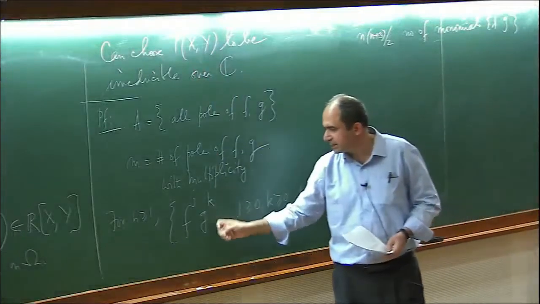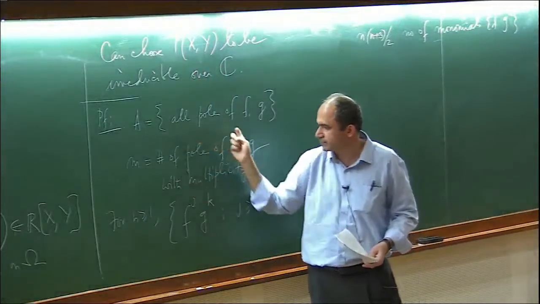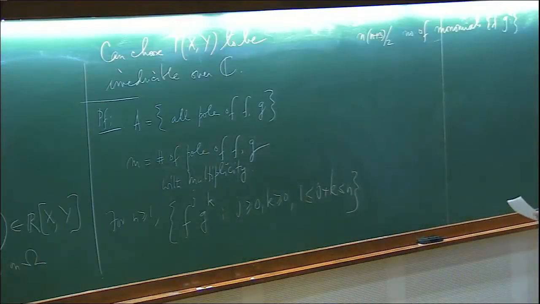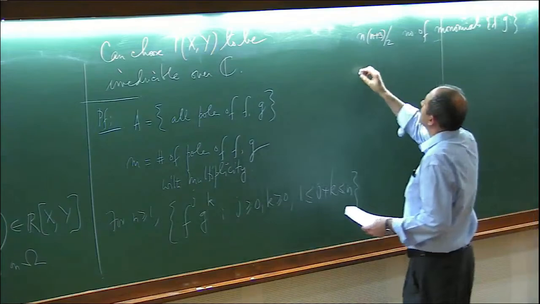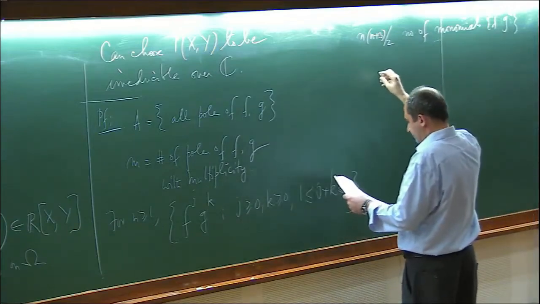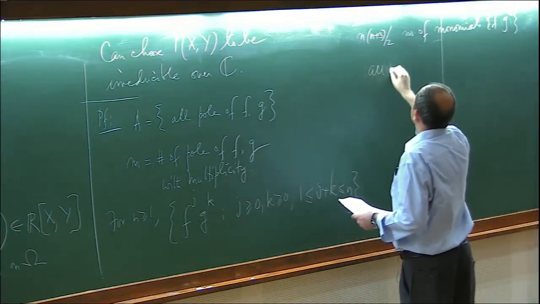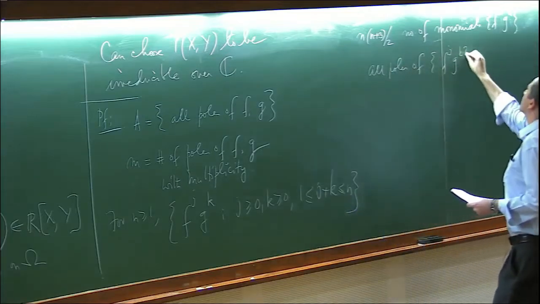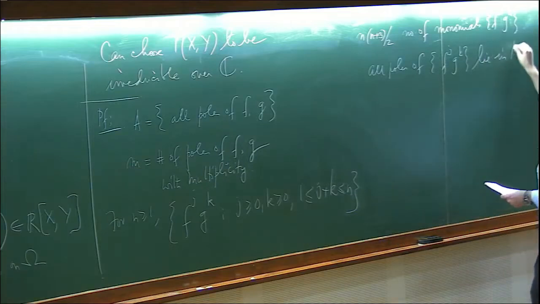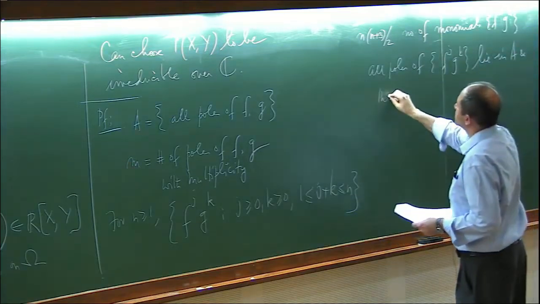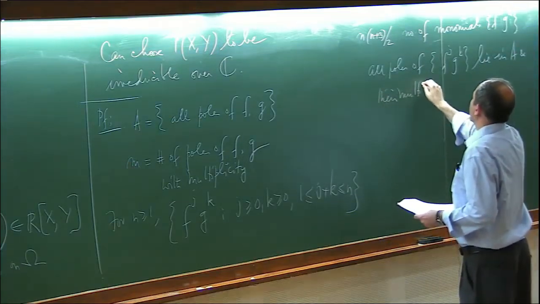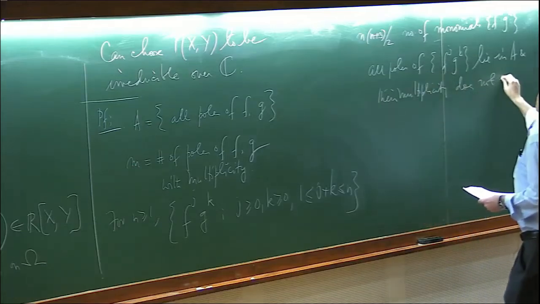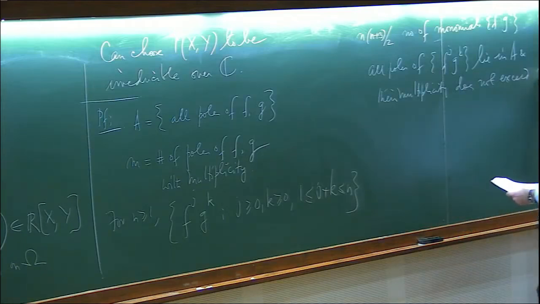Because the highest degree is n, and the maximum contribution of f and g both together is m. So all poles of f to the j, g to the k lie in A, and their multiplicity does not exceed m times n.